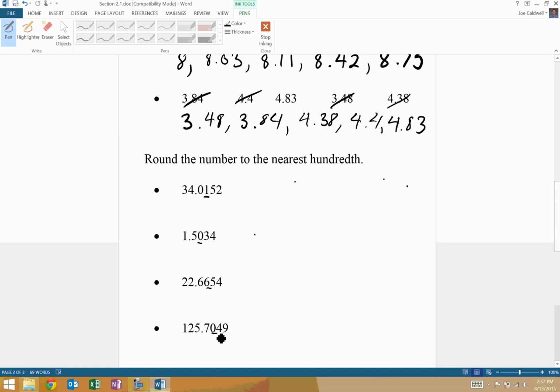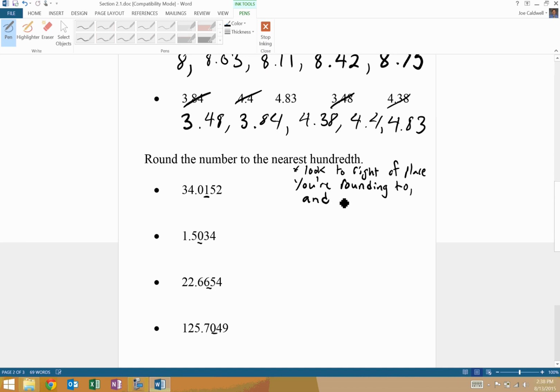What you want to do, here's kind of the rule, is, okay, look to the right of the place you're rounding to. Okay, so in this case, one space to the right would be the thousandth place.